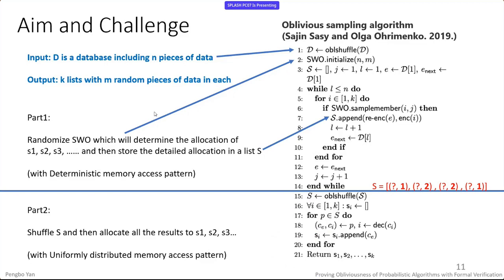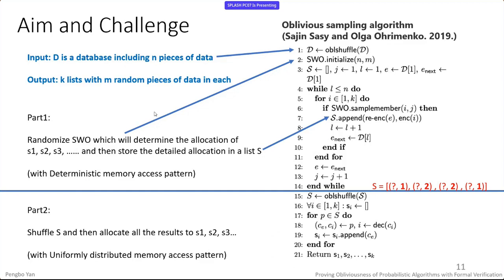One example of this long list S is in red color. It may contain a list of tuples, and each tuple contains two elements. The first element is some encrypted data, which will be returned finally.